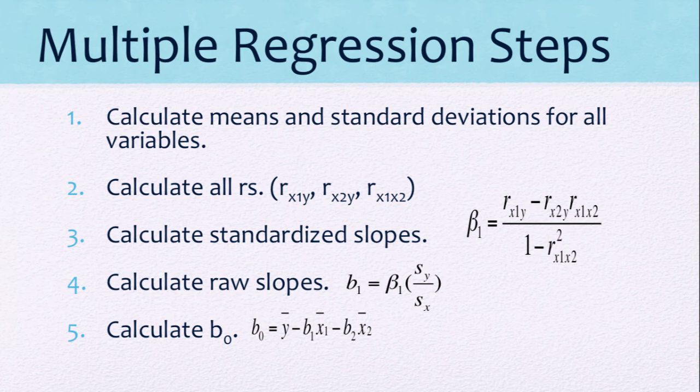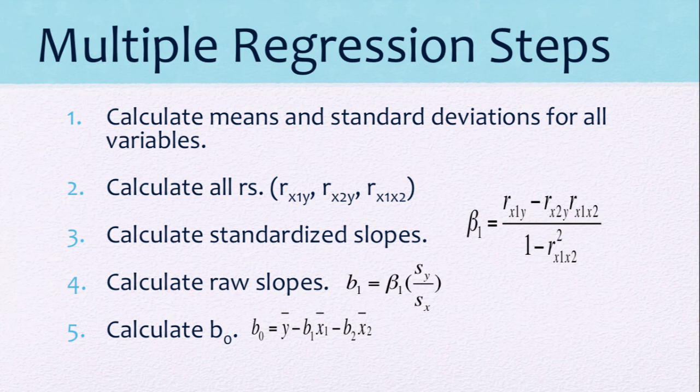And for the final slide, I have included steps that will be helpful when provided with raw data to assist you in the process of finding both your standardized and raw score multiple regression equations. So here, your first step is going to be to calculate your means and standard deviations for all variables.